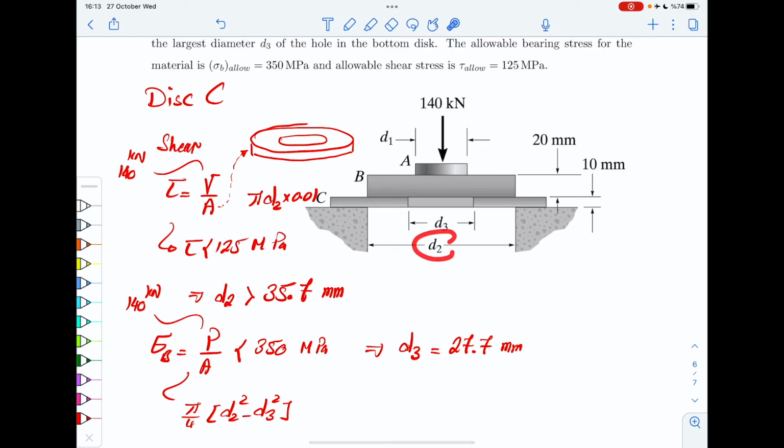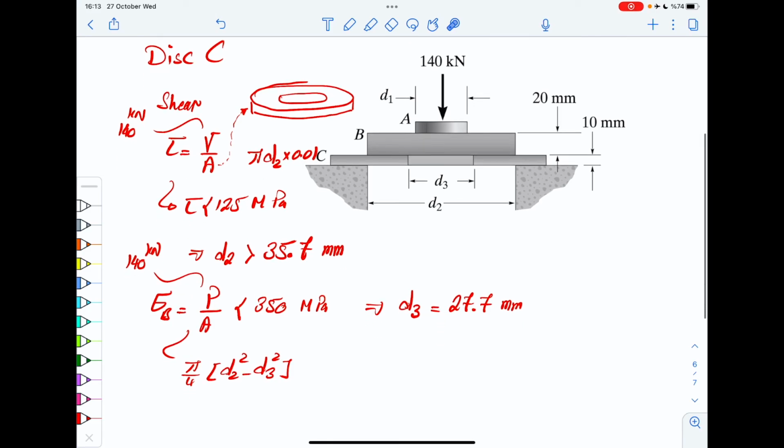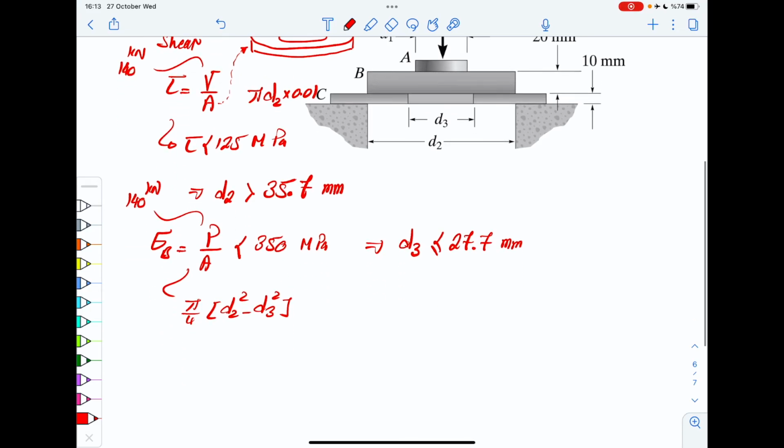Making D2 large makes it safe. But making D3 large makes this hole larger, right? So basically it has the opposite effect. So this should be that or smaller. Now that's that.